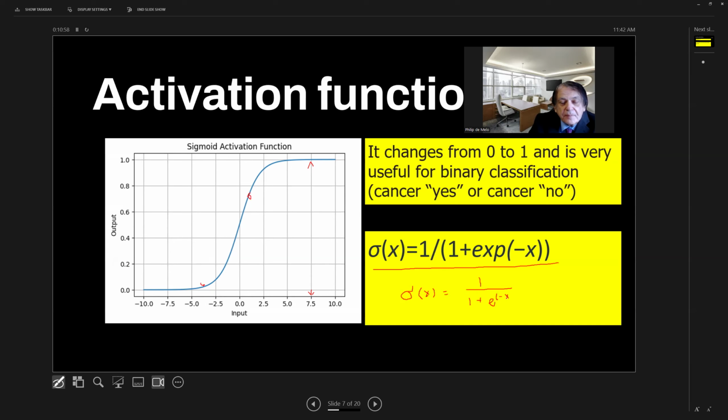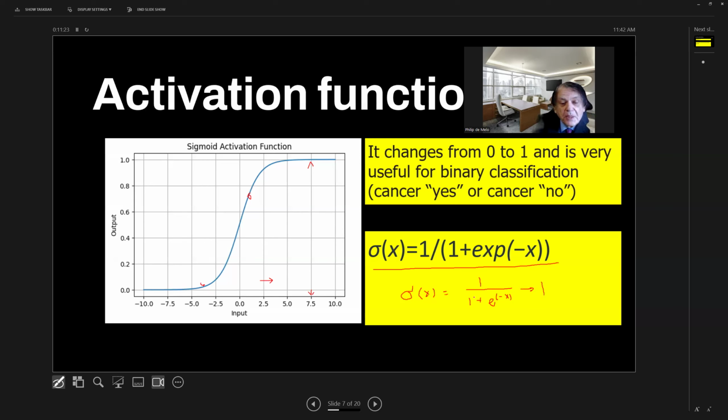So when x is high, goes, let's say, to infinity, this becomes 0, and you have 1 over 1, it becomes 1, because this becomes 0, right?